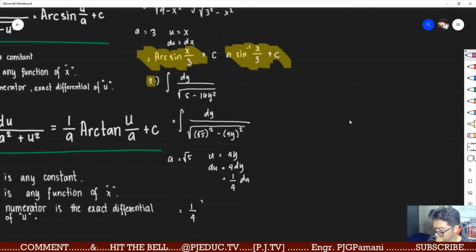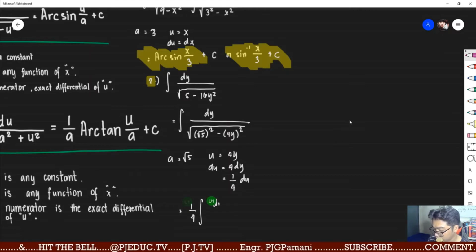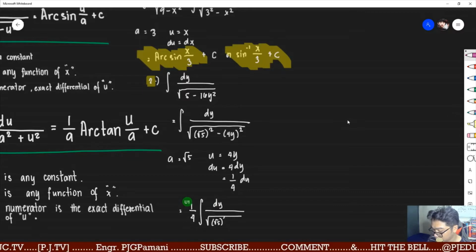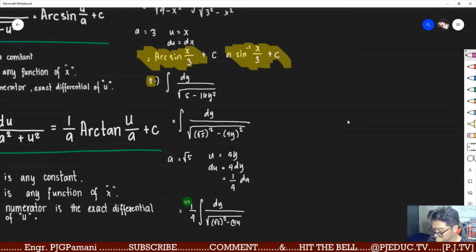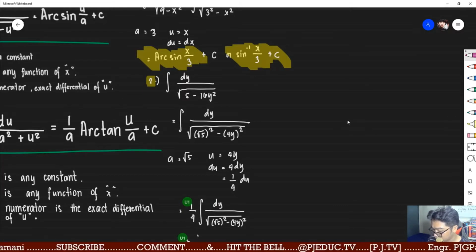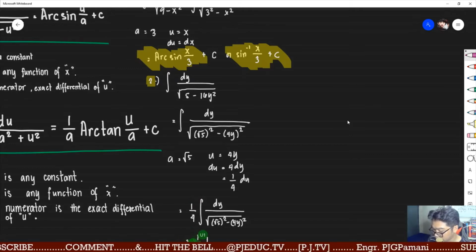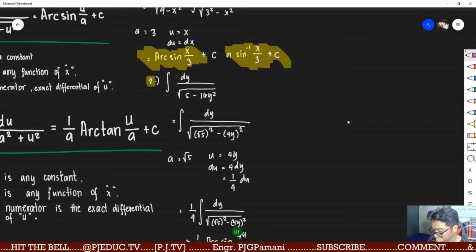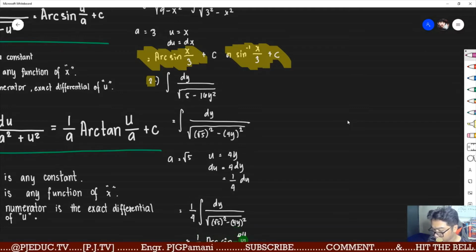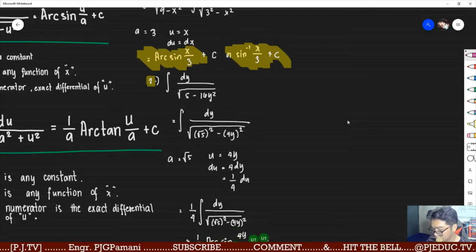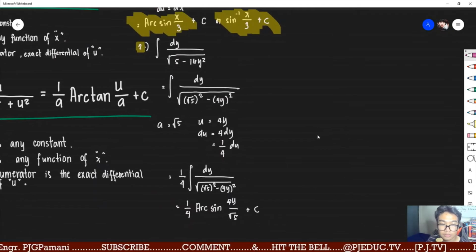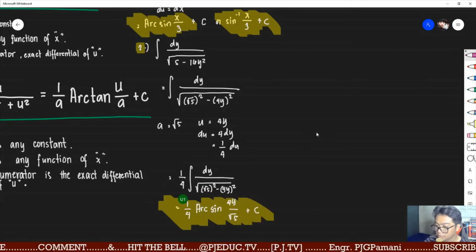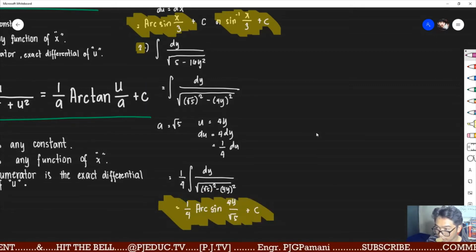Positive 1/4 integral of dy over the square root of the square root of 5 squared minus 4y squared, which is also the same as 1/4 of arc sine of u, which is 4y over a, the square root of 5, plus c. So, yan na yung answer natin for that problem. Dali lang, diba?